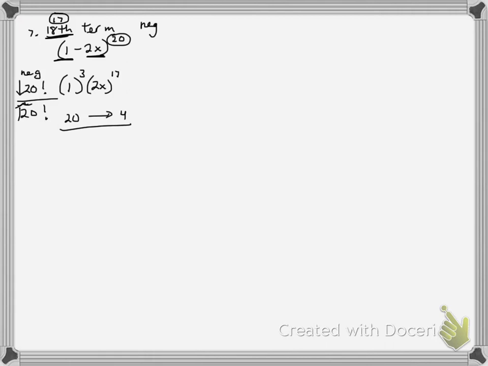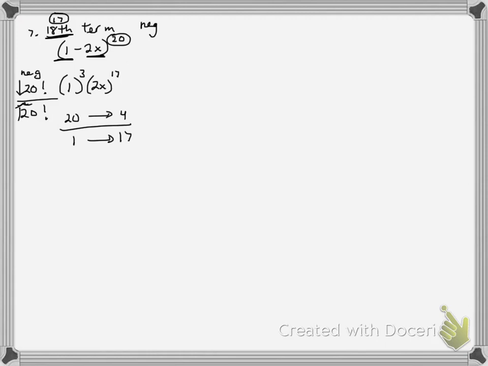I'm going to show you a little bit of a shortcut here. If you can follow it, fine. Otherwise, just write down 20 times 19 times 18 times 17 all the way down till you have 17 terms. Here, I only want 17 terms going up.